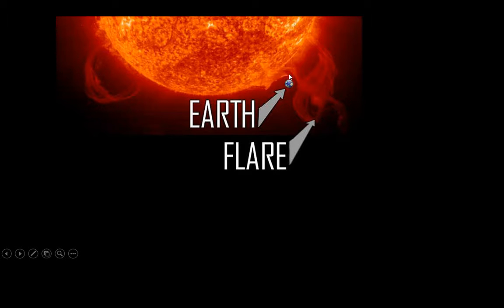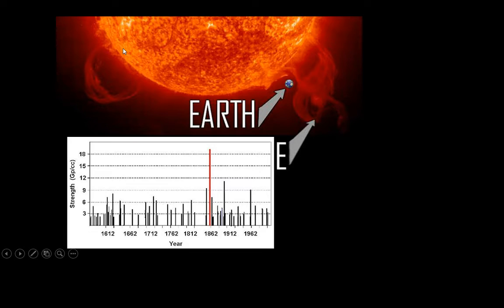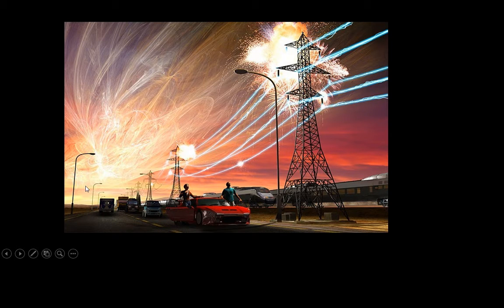Just to put it in perspective, when we talk about solar flares or CMEs coming off of the sun, they're gigantic. They're much larger than the Earth. The average solar flare isn't very big, but every once in a while we get a really big one. The one in 1859 was so gigantic that the only electrical grid we had at the time was just a telegraph.